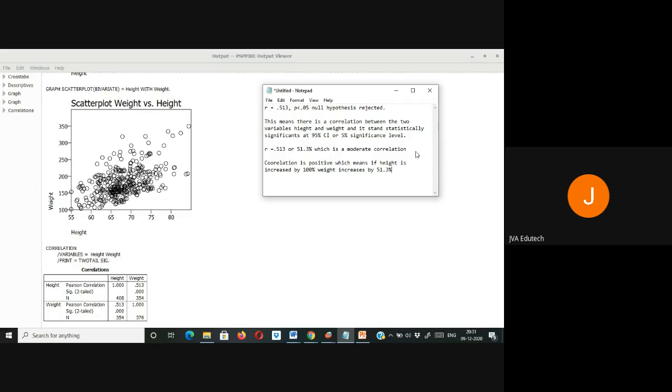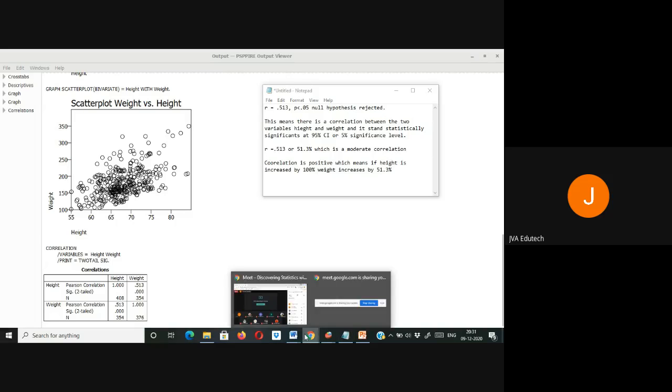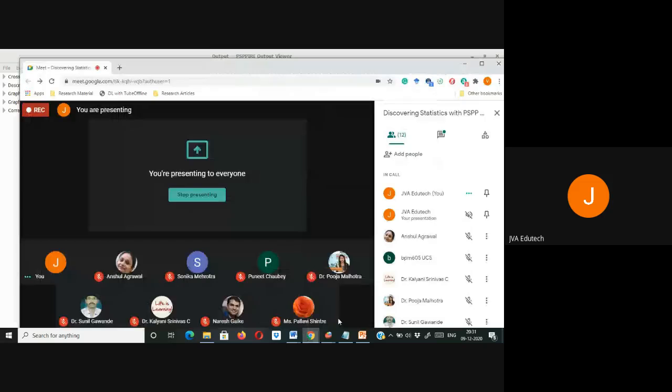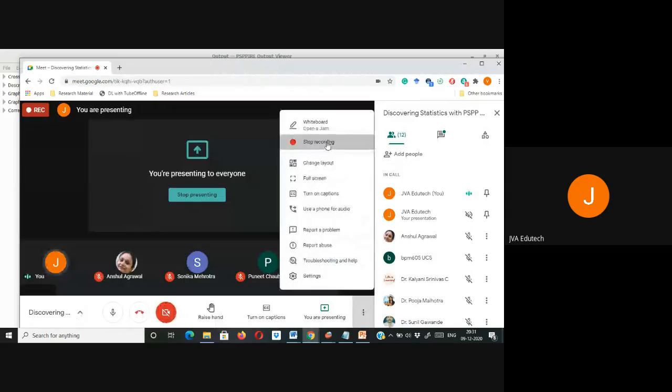So if height is increased by 100%, weight will increase by 51.3%, and the strength of correlation is moderate. Am I clear on this? Yes, sir. Okay, so for today we are done. If you have any questions, I'll be happy to answer.